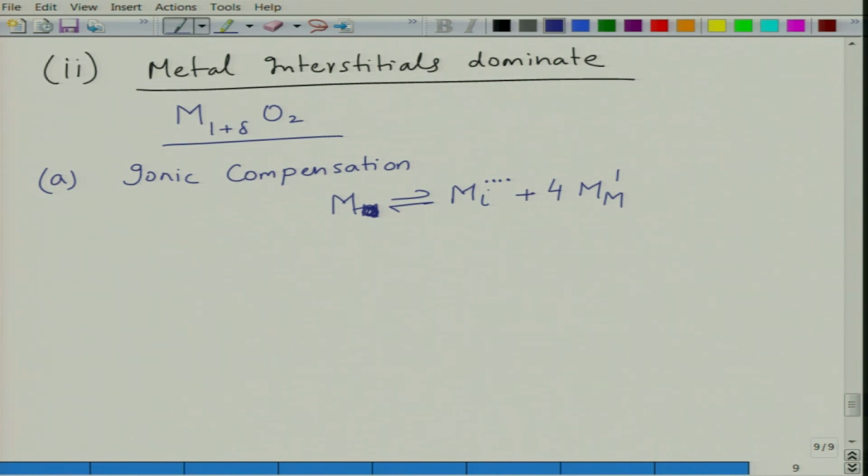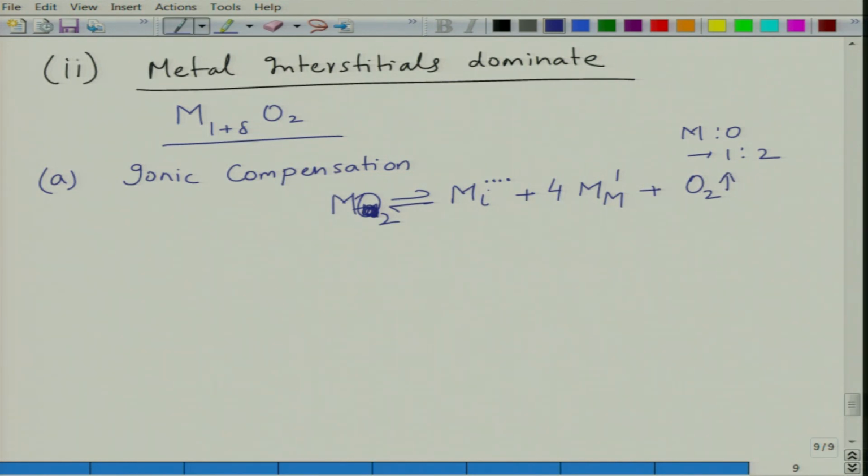You do not want to disturb the site ratio, which means M versus O is to be 1:2. So I cannot convert a metal at metal site into Mi, otherwise I will have to create a vacancy of metal. So MO2 comes from outside, the metal goes to a metal interstitial, and the oxygen goes out.